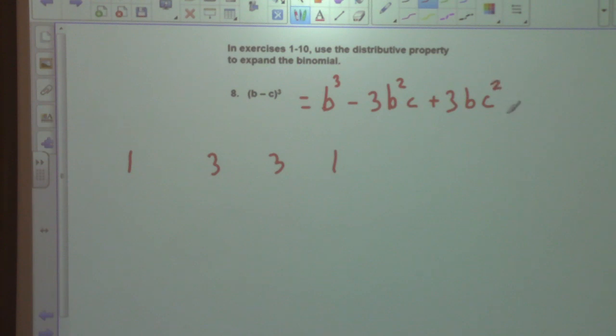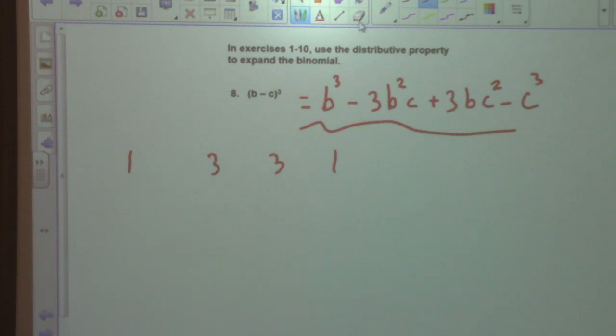C squared, and then we have minus, here's the 1, so that's c to what power? Cubed. Just following that pattern, since you have a minus in the second term, you have alternating signs. First one's plus, then minus, plus, and minus. And you can proceed in that direction, okay?